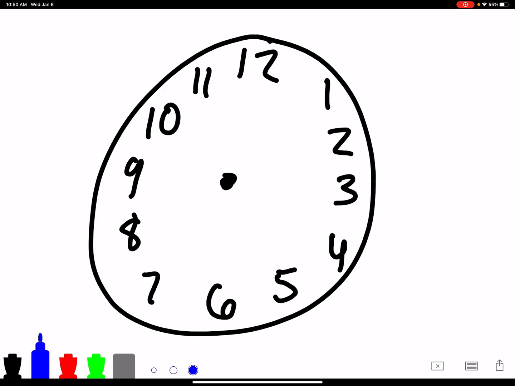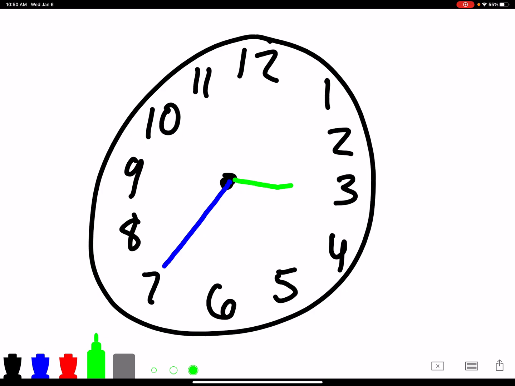So for this example, I'm going to say the long hand is going to be blue, so the minutes are going to be blue. And then the short hand is going to be hours. So if we look on the clock, the green hand, the short hand, is the hours. But the hours are very easy, because when the short hand is pointed to a number, it's going to be that number.